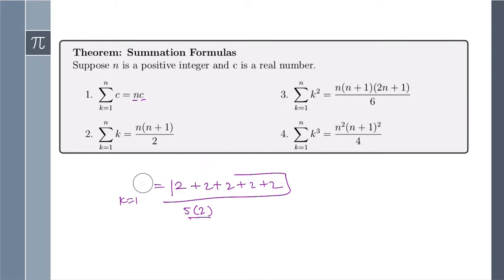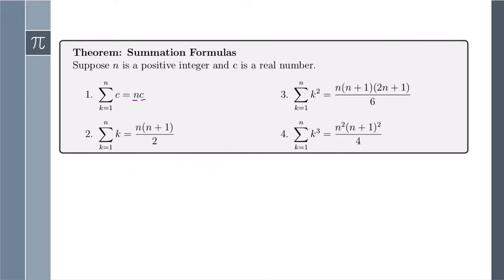So now the second formula that we have is the sum of natural numbers. For example, if I'm going from k equals 1 to 5, and then k here, this means 1 plus 2 plus 3 plus 4 plus 5. Okay, so we are just adding the natural numbers from 1 to 5.